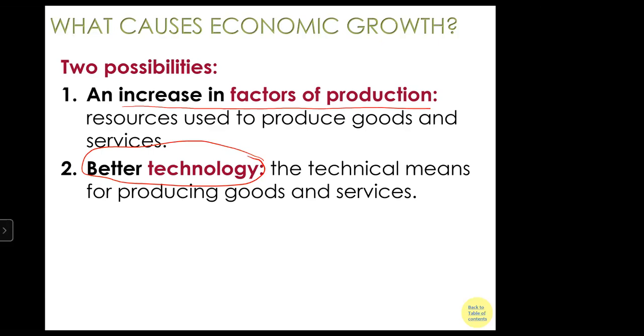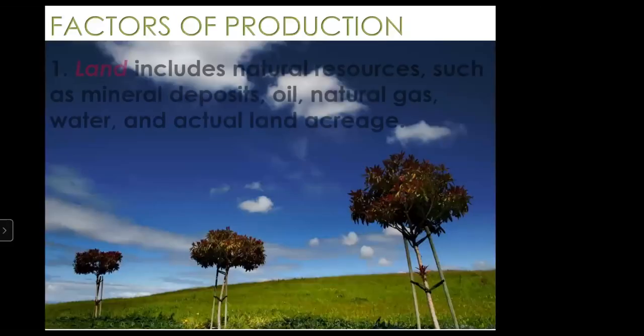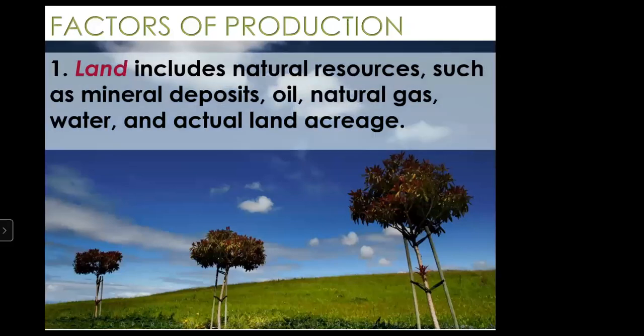But next I'm going to explain to you what the factors of production are, right? There are 3 different factors of production that we, as a society, can use to improve production or to expand our production possibility frontier.